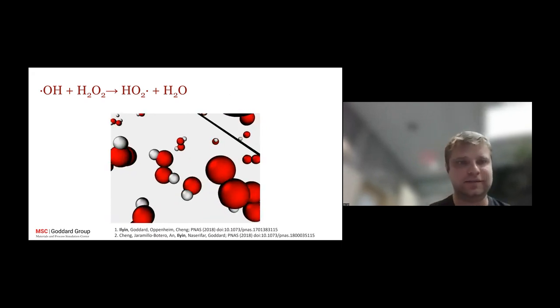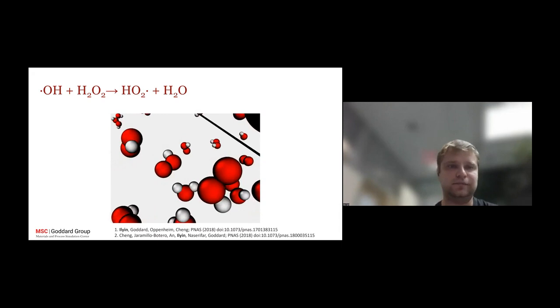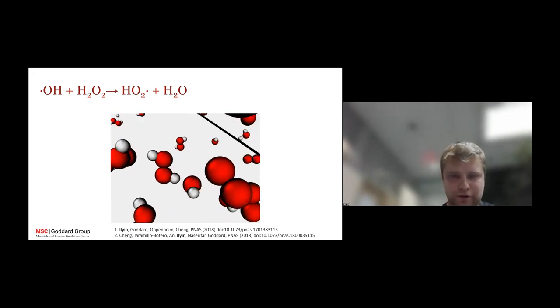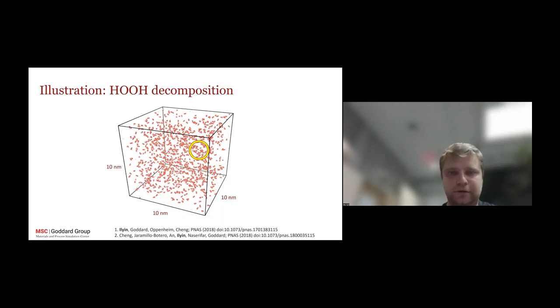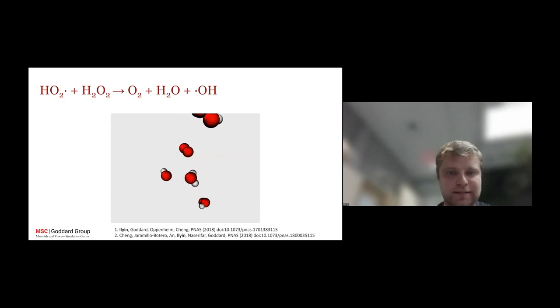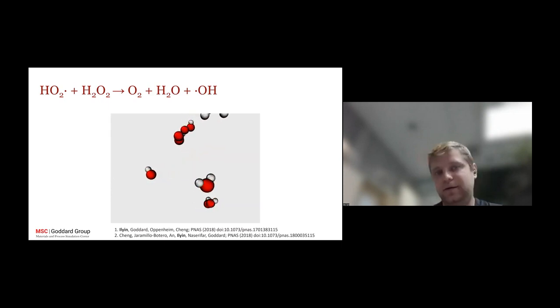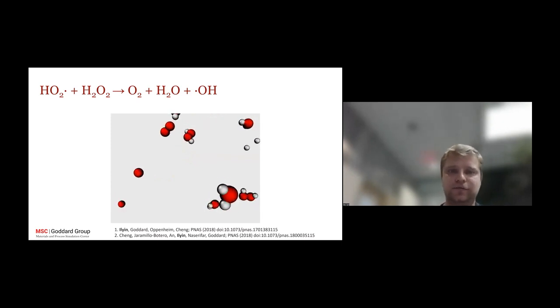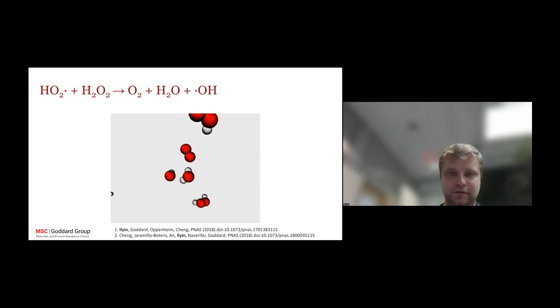For instance, this one is a hydrogen peroxide molecule reacting with an OH radical to form an HO2 radical and water. And then in a different corner of the box, we can zoom in and see an HO2 radical reacting with a hydrogen peroxide molecule to form oxygen, water, and reformed OH radical.